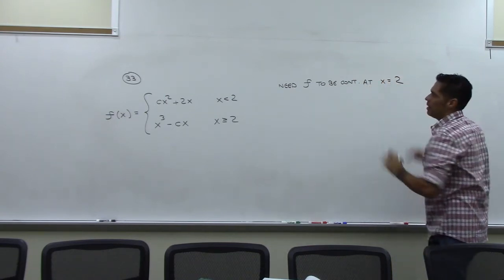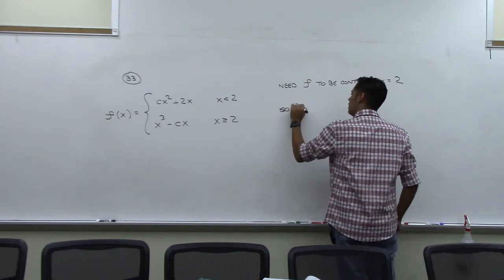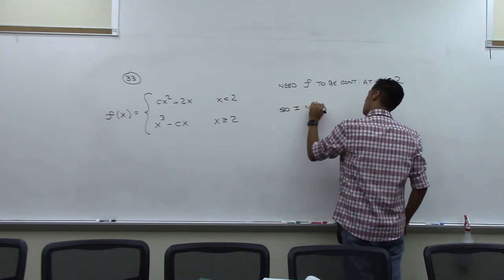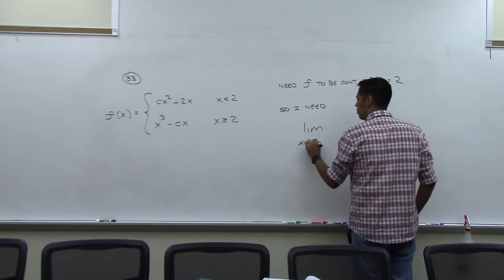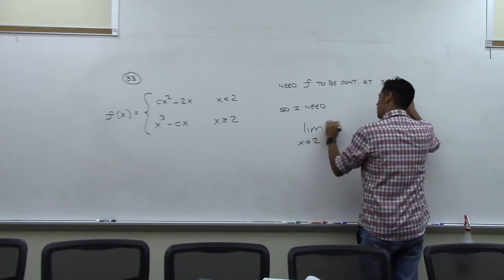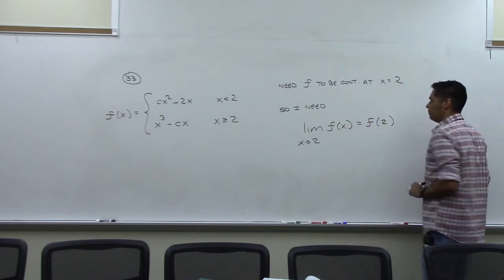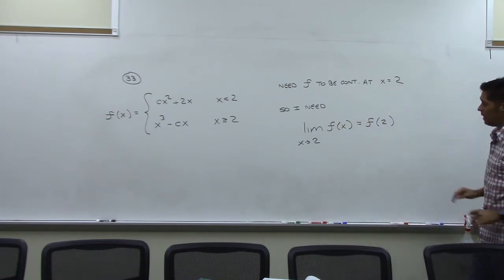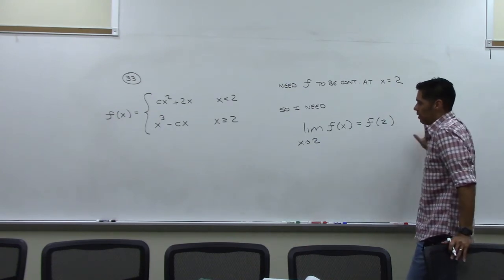That's the big thing I need. Well, what does that mean? So I need the limit, I'm writing the definition, as x approaches 2 of the function to be equal to the function's value at 2. That's what I need. If I can make that happen, then I've got a continuous function everywhere.